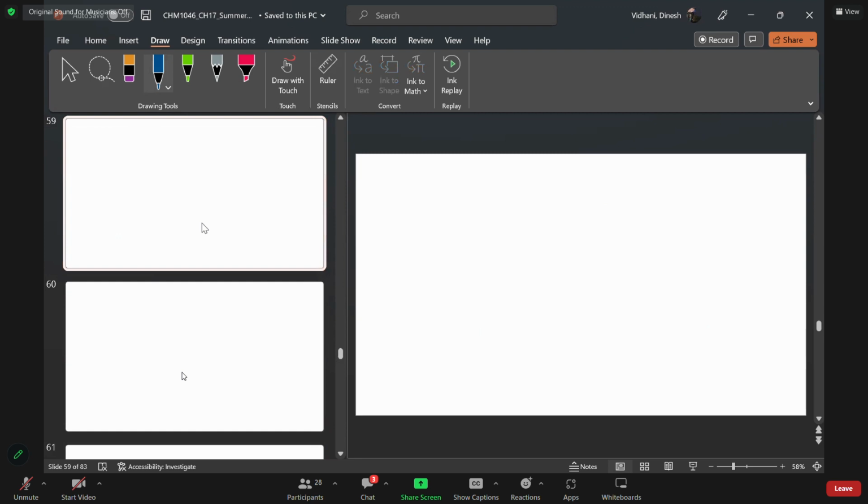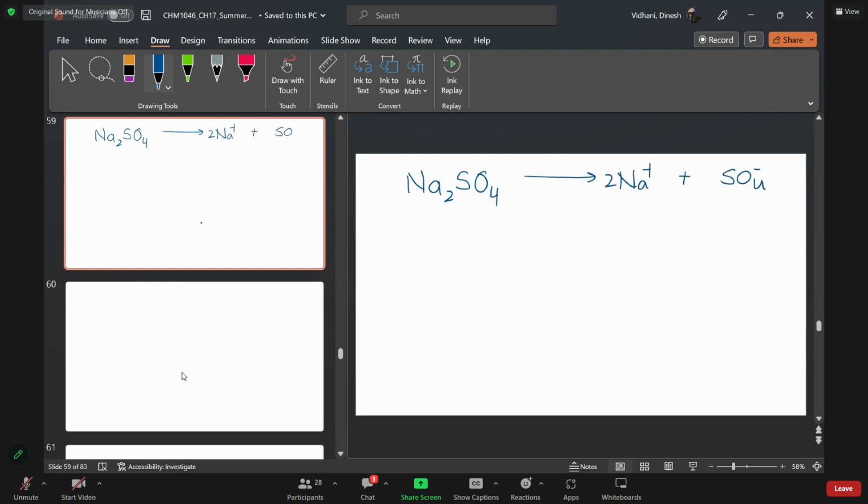So first of all, let me write down here the equation for sodium sulfate. You put it in water and it completely dissolves into sodium ions and sulfate ions. All of you agree with that? It's a strong electrolyte, right? So if the concentration of sodium sulfate is 0.02 molar, what would be the concentration of sodium ions and sulfate ions at equilibrium?